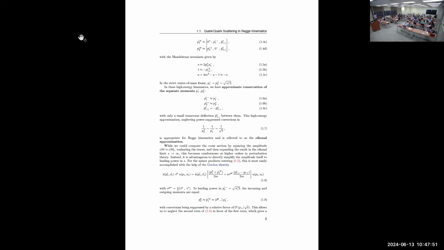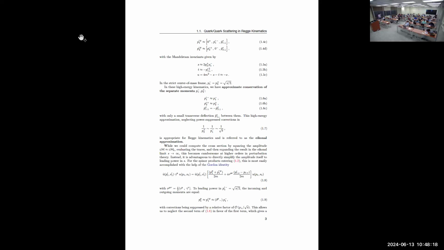So in general, U bar of P1 prime, S1 prime, gamma mu, U of P1, S1 can be decomposed as U bar P1 prime, S1 prime, U P1, S1, and then in between I have factors. One factor is P1 plus P1 prime mu over 2m.